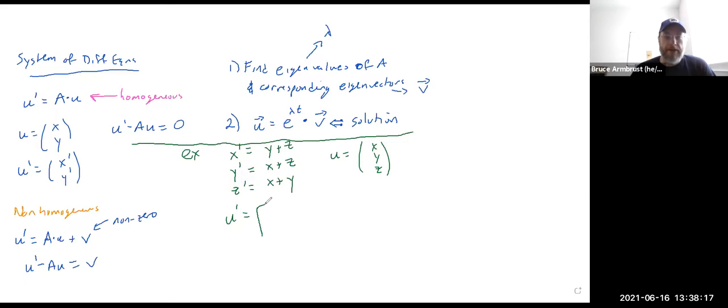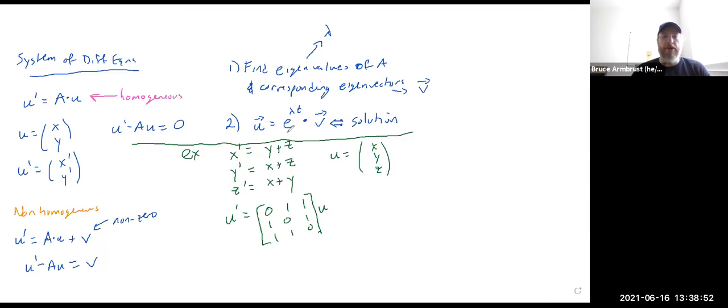So now let's build our matrix. There are no x's. There's 1 y and 1 z for the first row. 1 x, no y, 1 z; 1 x, 1 y, no z's here. So as a matrix equation, here it is. What we're going to do is find the eigenvalues, because when we went through this derivation, we were looking for where the determinant was not 0, because those are the interesting non-trivial ones.